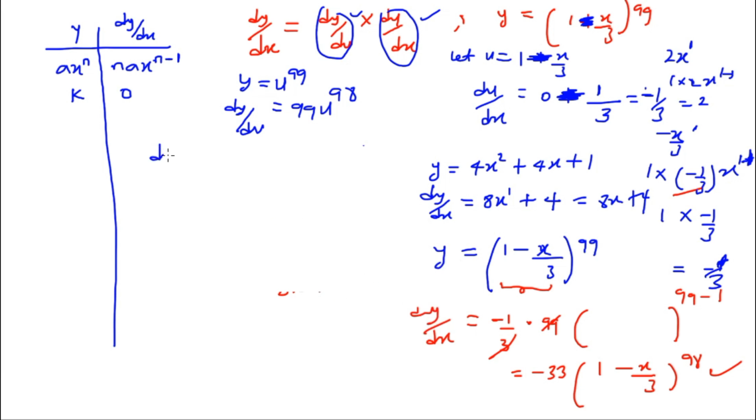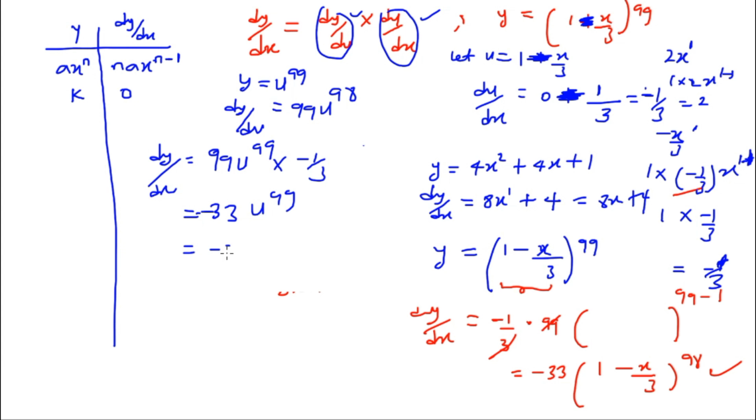dy/dx, which is equal to dy/du, 99 u raised to power 98, multiplied by du/dx, which is minus 1 over 3. So 99 divided by 3 is supposed to be 33, but because of the minus, I should have minus 33, and then u raised to power 99.